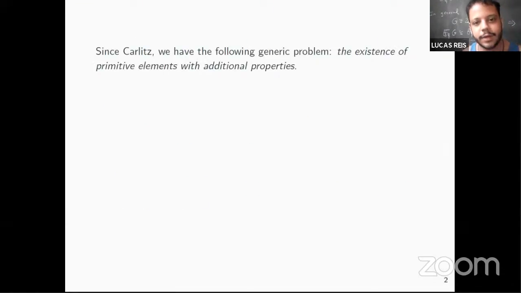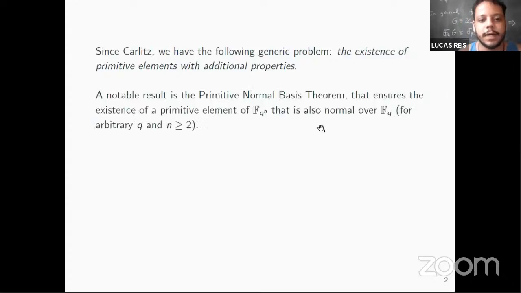Since Carlitz, we have this kind of generic problem of proving the existence of primitive elements in finite fields with additional properties. Just to give an example, this is the most famous example that Alonso also mentioned. The PNBT theorem ensures the existence of a primitive element in any finite extension of finite fields, right?